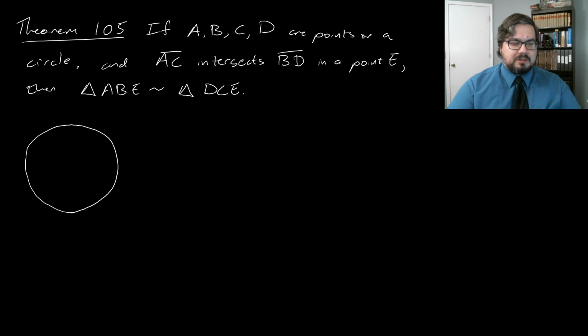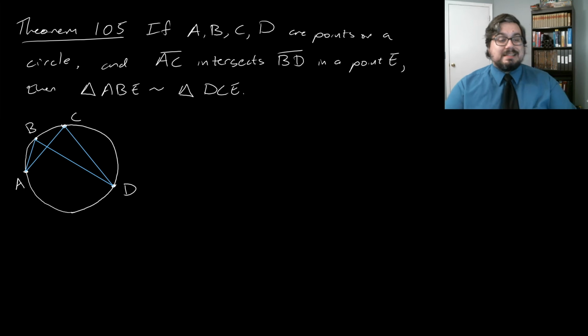Let's look at the picture to see what's going on here. We've got A, B, C, and then let's do D over here.